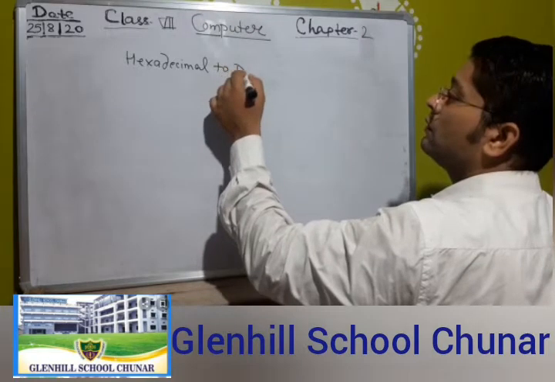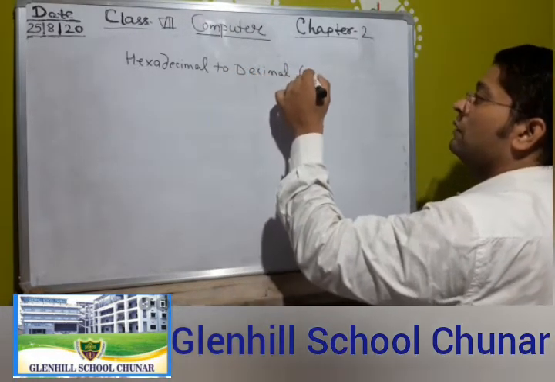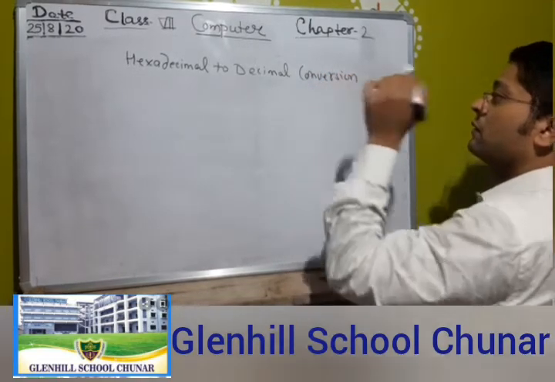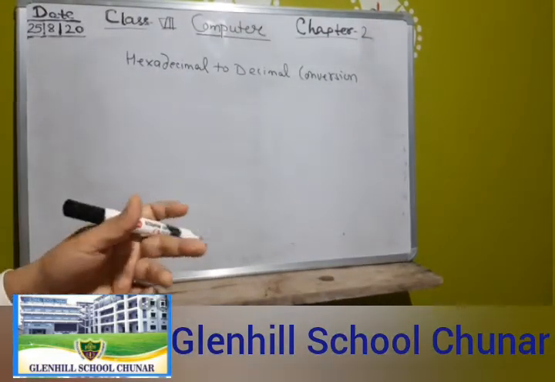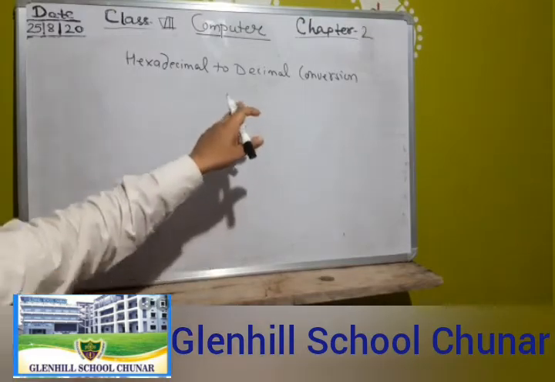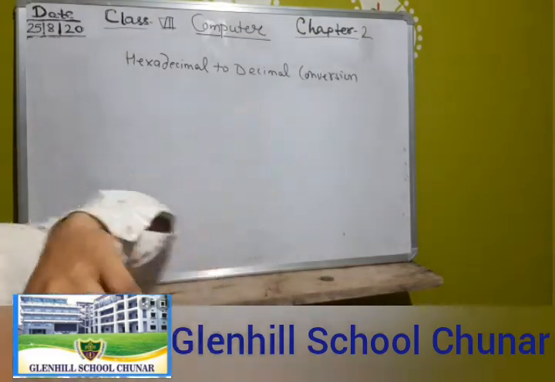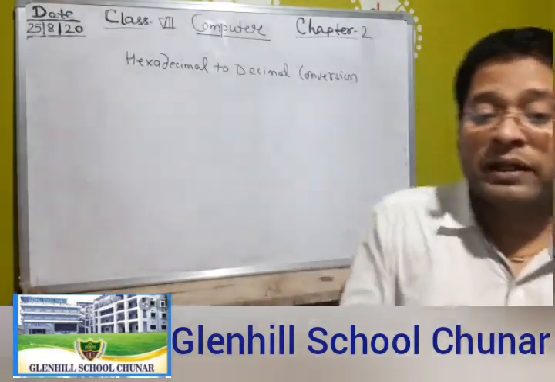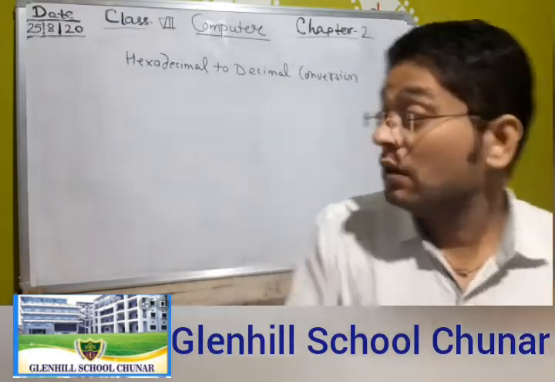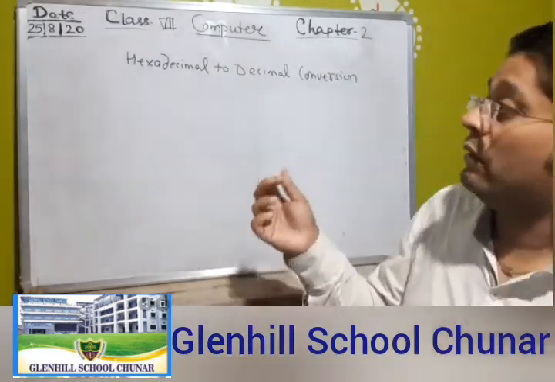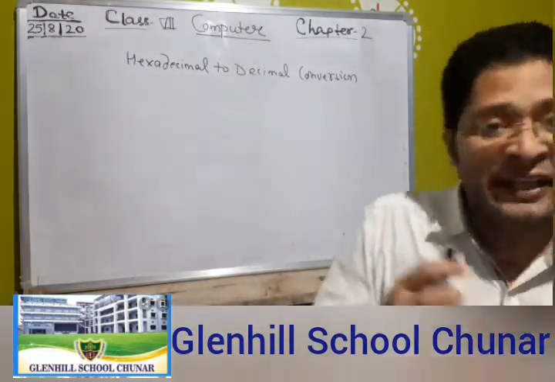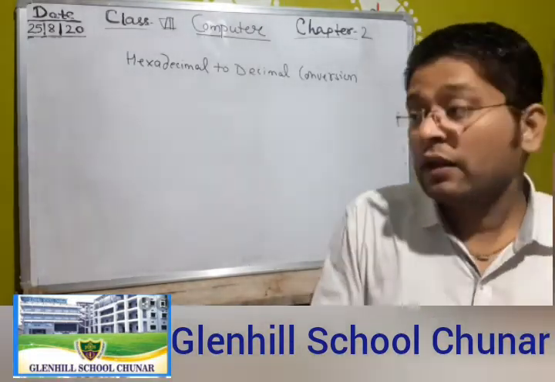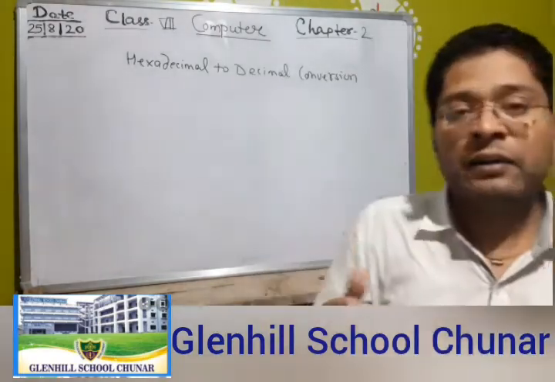To convert a hexadecimal number into its decimal equivalent, the same procedure is used as binary to decimal, but here the number is expressed as a sum of powers of 16, with octal it is 8, decimal 10 and binary 2.